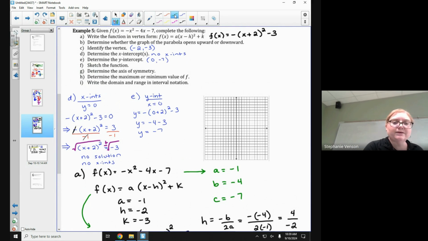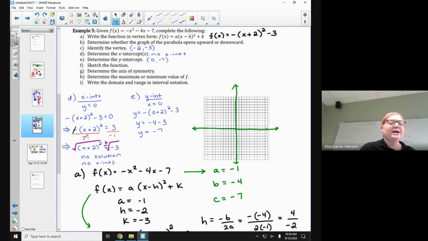All right, time to sketch that function. Now here's where things get slightly funky, but not nearly as complicated as example 4. All right. So the problem is we normally have at least 4 points to graph our parabola.